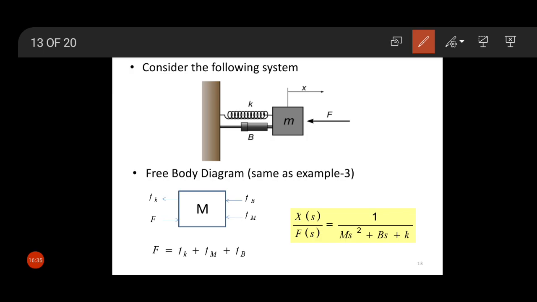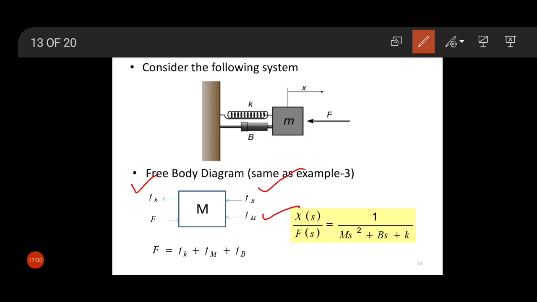And the reaction forces due to spring, dashpot and mass oppose the displacement. See, this is our restoring force, this is our reactive force, and this is our reaction force.